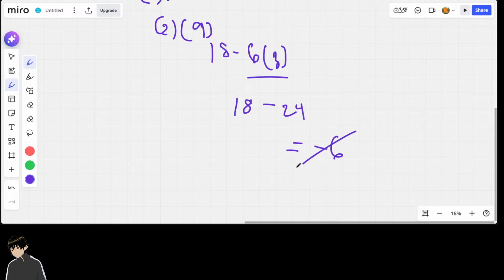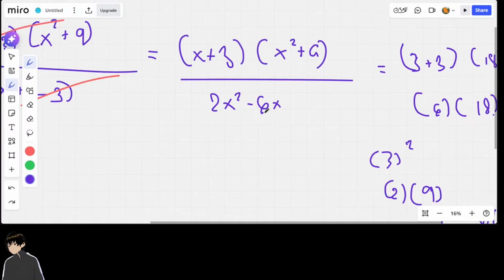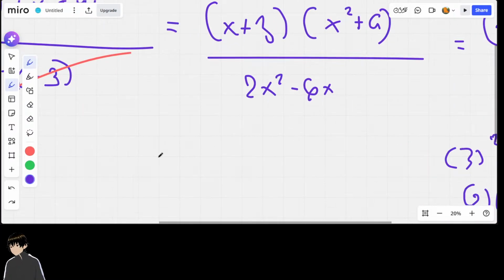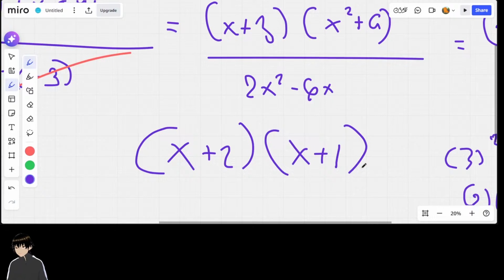But that's going to be wrong, so this is the only thing that we have to factor yet. So you have to factor here. I guess it's 2x plus 1 and x minus 3. It's probably that.